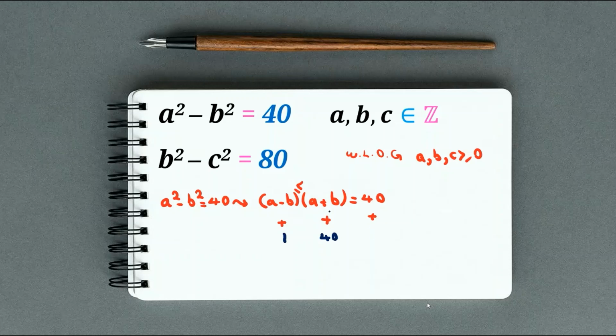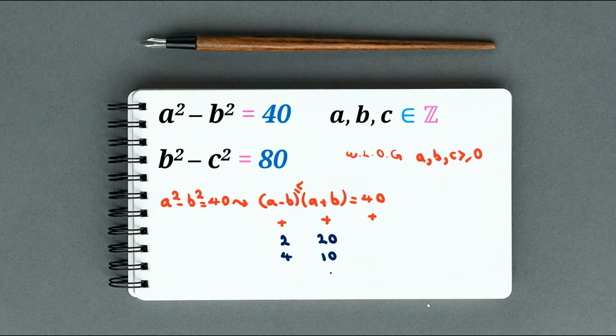If you add a minus b and a plus b, then we have 2a equal to 1 plus 40, 41. It's not possible. Left side is even, right side is odd. So the cases that we should check are 2 and 20, 4 and 10. The pairs 1 and 40, 5 and 8 are not possible because then again it's odd and even. So we only need to check these two cases.